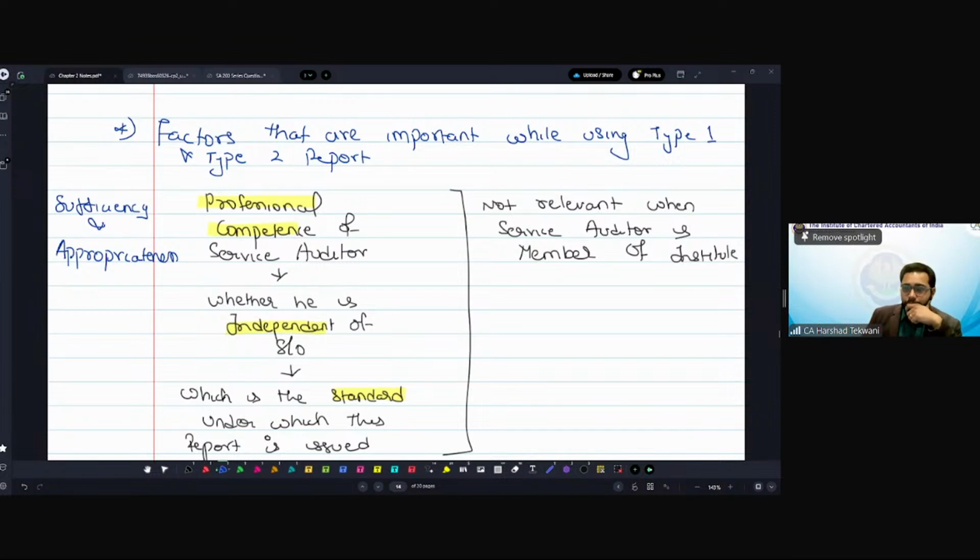Sir, if the service auditor is a member of our institute, then we are not under any responsibility or requirement to check his work or professional competence. Yes, that I added over here. Yeah, it's an exception, you can say. If the service auditor is a member of the institute, then I will not look into it. But apart from this sufficiency and appropriateness, am I required to look into something else?